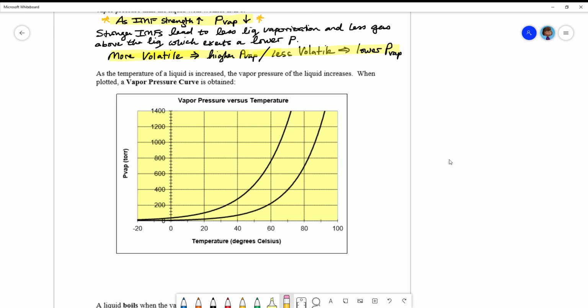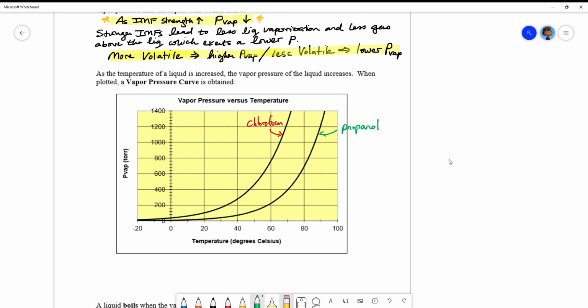What I have here are the vapor pressure curves for two different liquids, where the first curve over here is for liquid chloroform, and the second curve over here is for liquid propanol.